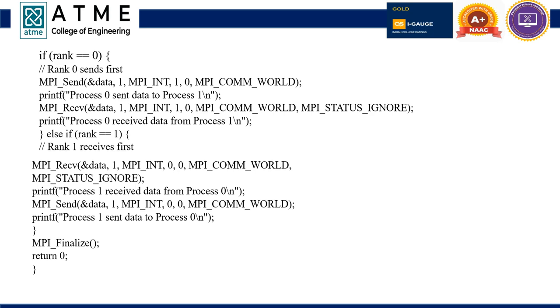MPI_Recv is used for it, receiving from the same process. Now we print process 0 received data from process 1.